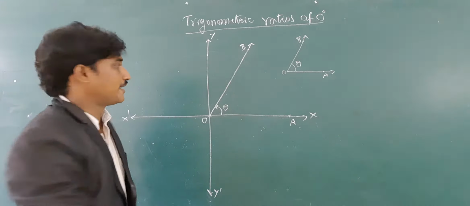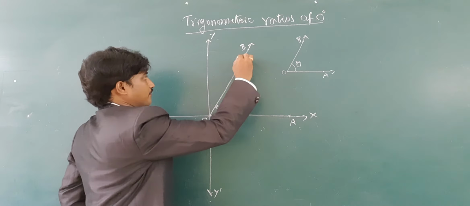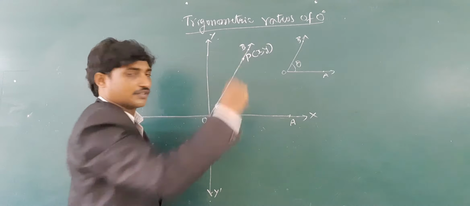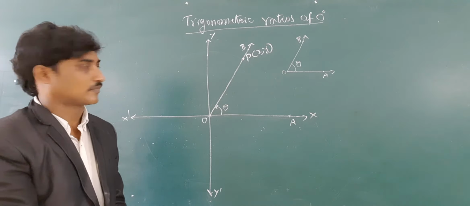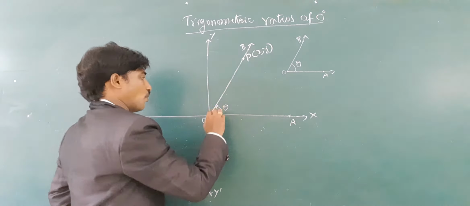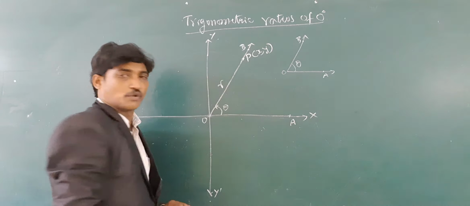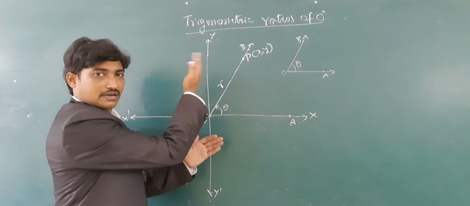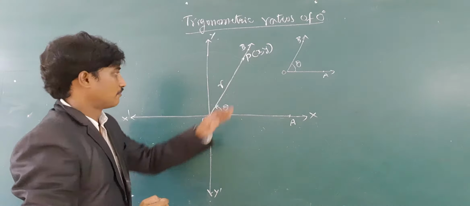I am taking a point P (x, y) on this angle, with OP as the radius. I am going to draw a circle as it turns in a circular path.